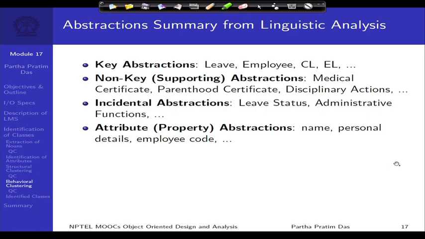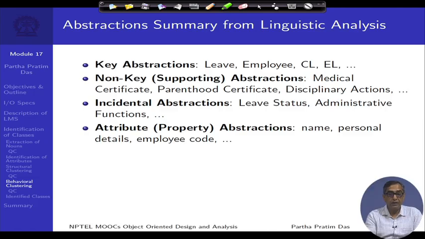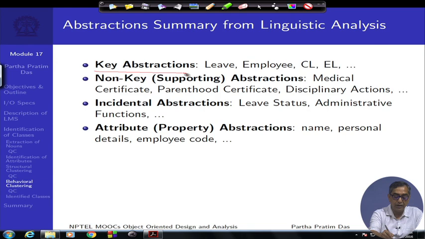Now, having done this, we can summarize the abstractions that we have found from the simple linguistic analysis, which has been based only on nouns. We will do more of that later, and we can say that we have the key abstractions now. We can identify the key abstractions as something like leave, employee, casual leave, earned leave, and so on, and they do satisfy the requirements of the key abstraction we had specified earlier.